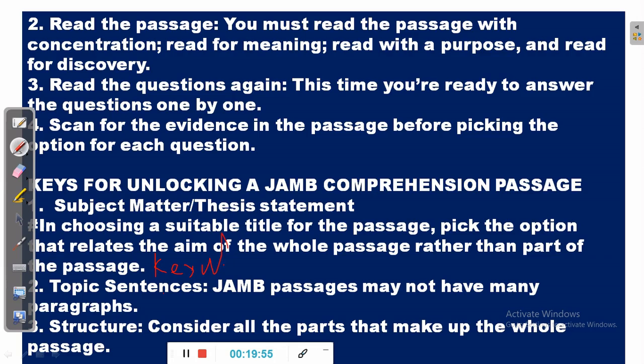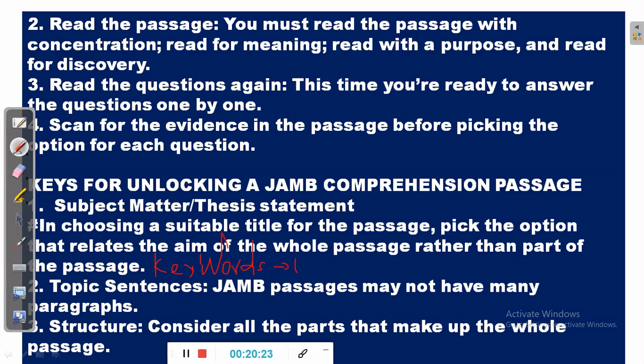Now, don't mind my writing here, all right? Okay. All right. So we are looking at keywords. Keywords become the key that you require to unlock the Jamb comprehension passage. How do you get the keywords?